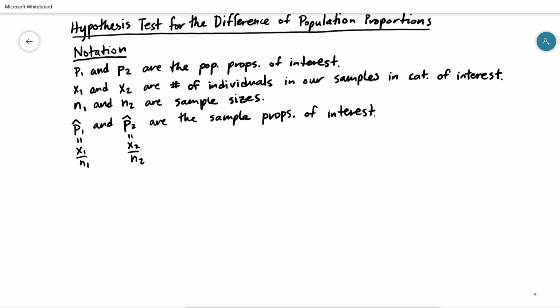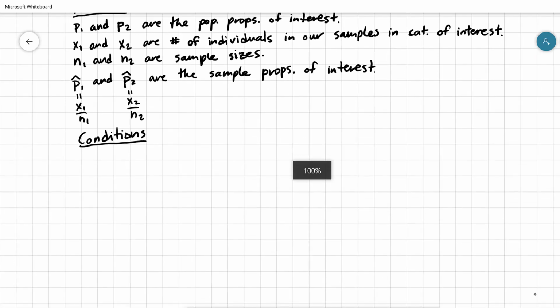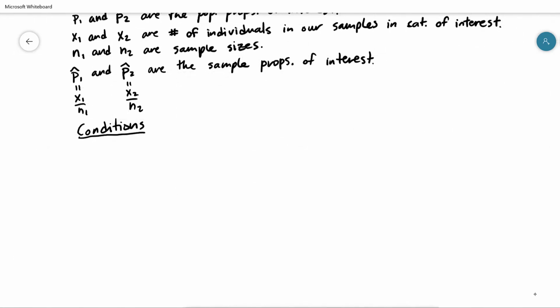So we also have a list of conditions that need to be met in order for us to perform one of these. And these should look familiar. We've seen these in the previous sections. So the first one is that we need a simple random sample, and in this case, because we're taking 2 samples, they also need to be independent.